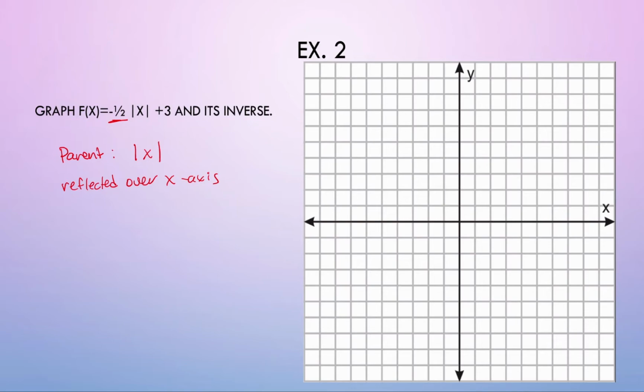It's going to have a vertical compression, or vertical shrink, by a factor of 1/2, and then it's going to be shifted up 3. So our vertex that would usually be at (0, 0) is going to be up 3. It's going to be upside down, and the vertical compression of 1/2 means that instead of having a slope of 1, the slope is going to be 1/2.